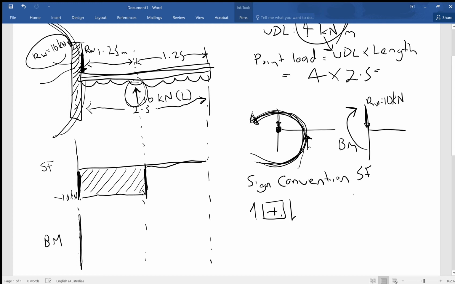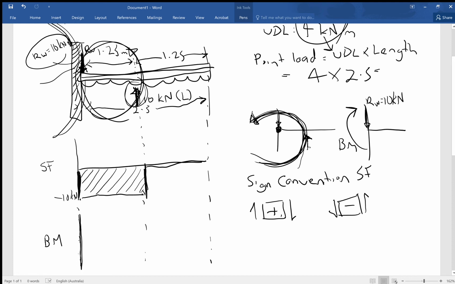And if you have a shear force that's trying to force it anti-clockwise, it's negative. Okay, so that's why we end up with, this is pushing up, and this is pushing down, so it's going to be turning in that direction, which is anti-clockwise. So we know that's why we end up with a negative. But if you follow the forces, you end up with that anyway.